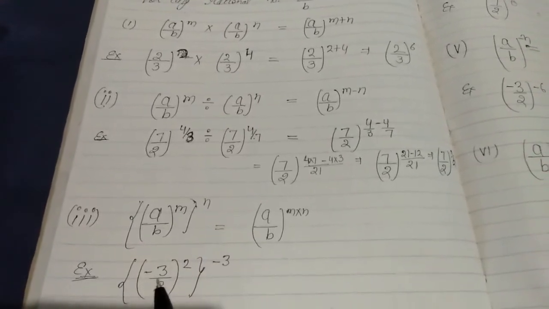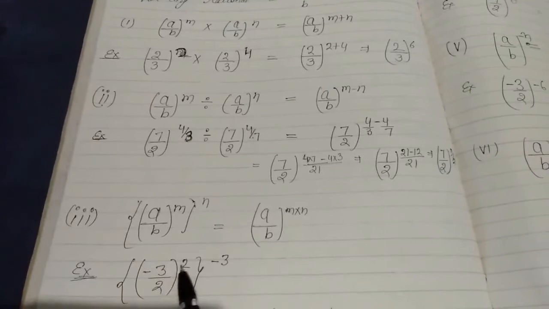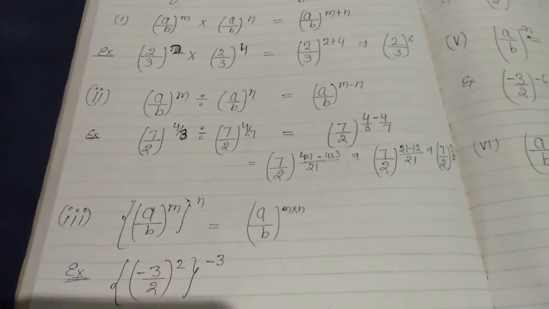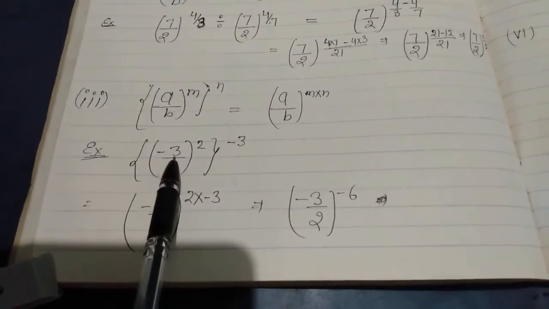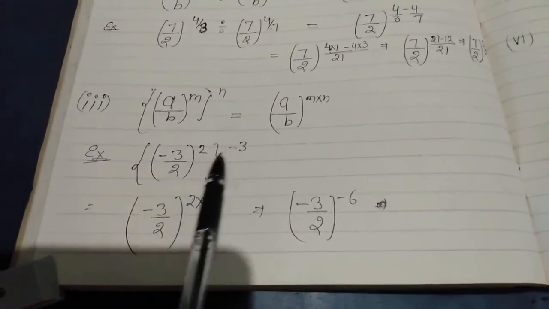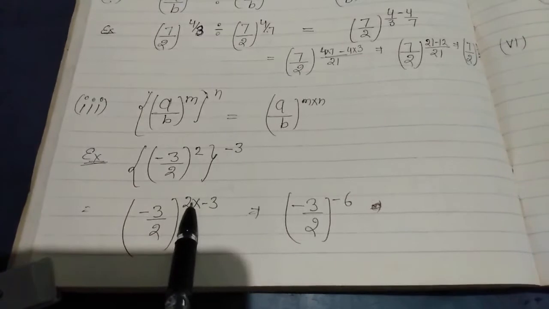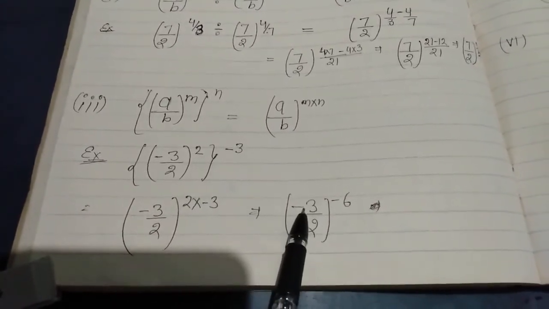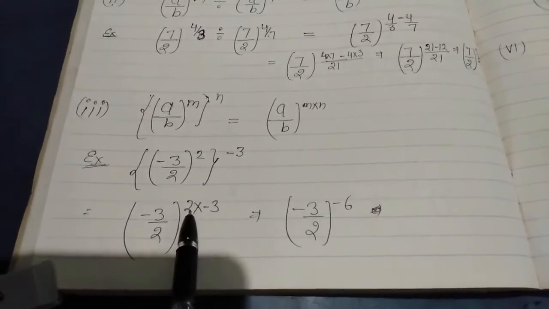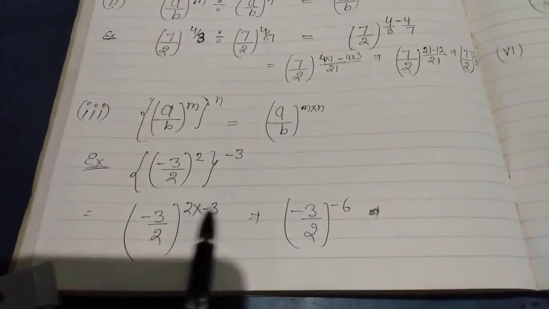Like there is an example: ((-3/2) to the power 2) whole power minus 3. So what will happen? Minus 3 upon 2 stays and the powers will be multiplied. So we write 2 into minus 3. This will become (-3/2) to the power minus 6.